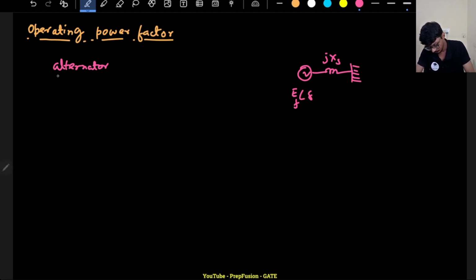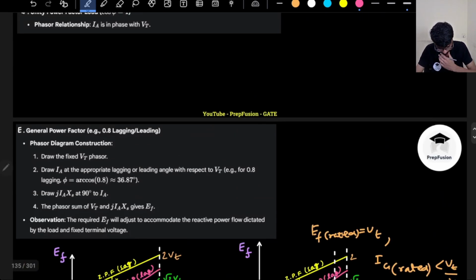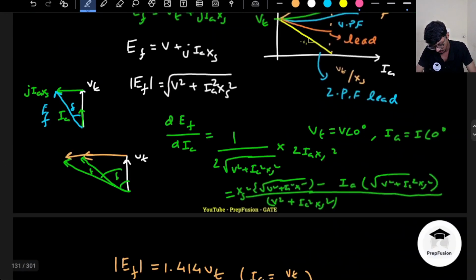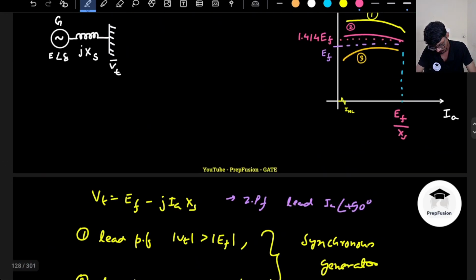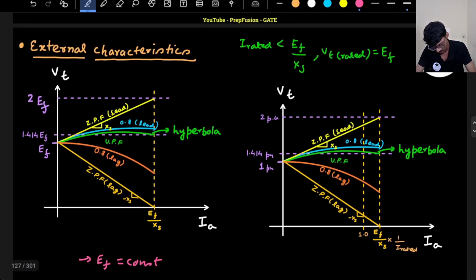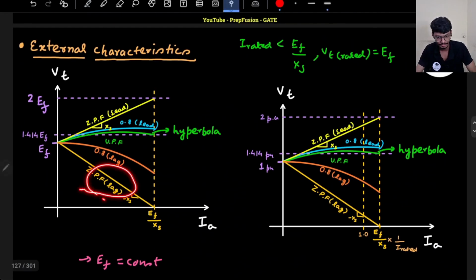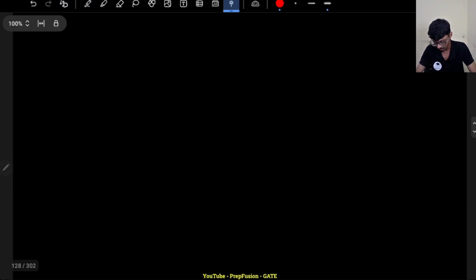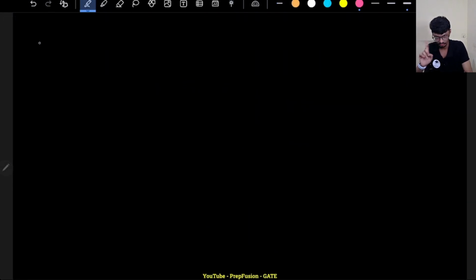One more thing I forgot to tell you: for the isolated case, if my load is very lagging, then the terminal voltage decreases drastically. Can you think of an example where this can be a problem? In case 1, I forgot to mention it.